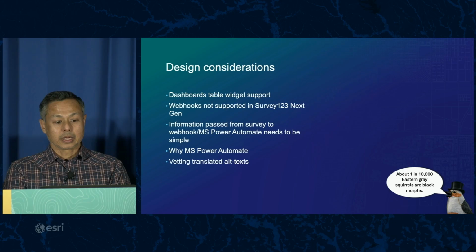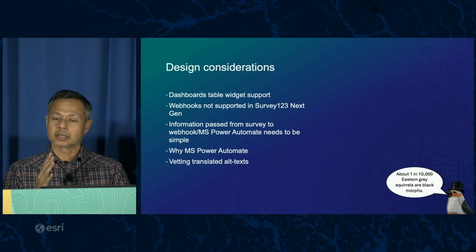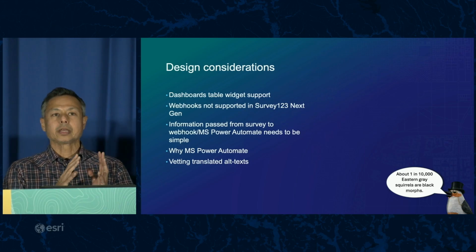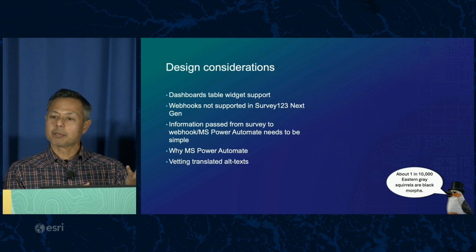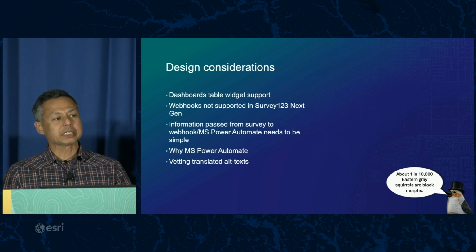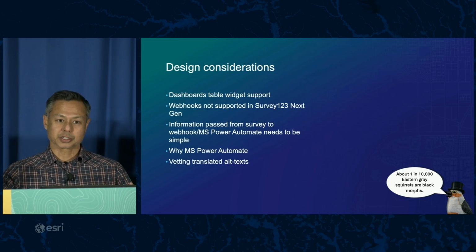Let's talk about webhooks and Power Automate. The interesting aspect is that the payload sent from this webhook to Power Automate needs to be simple. It's as simple as, hey, a feature has been created, let's initiate this process now.